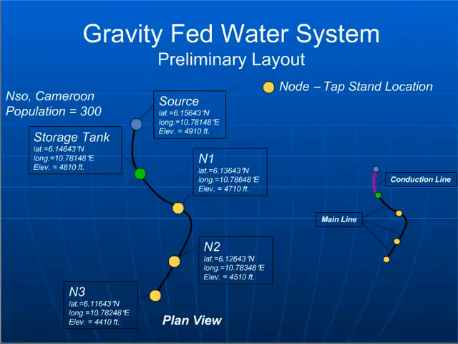And so what I've done here is just identified a very simple community-scale system that consists of a source and a storage tank, and then 3 tap stands that are going to be coming off of a distribution line.